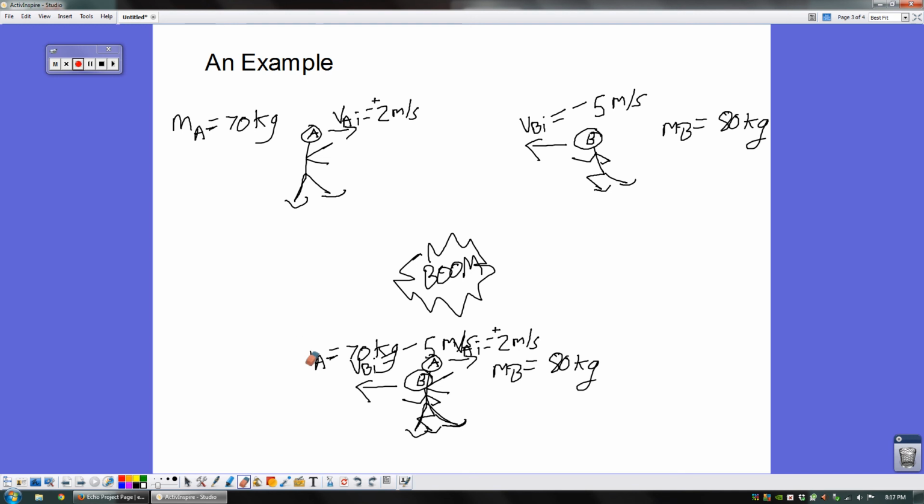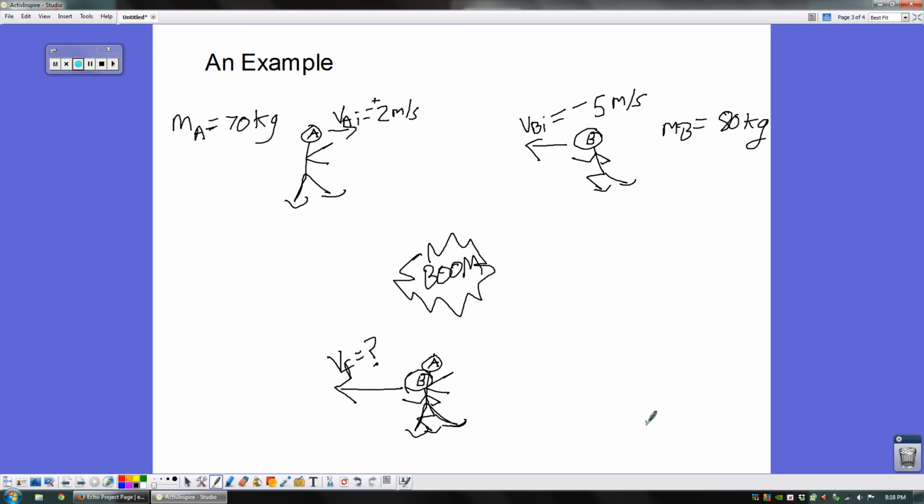Let's erase some of this other stuff. And this horrible mass. They've crashed, they've collided, their limbs have intertwined, and they're one thing now. And they go rushing off in this direction at some final velocity. My question is, what is that final velocity?